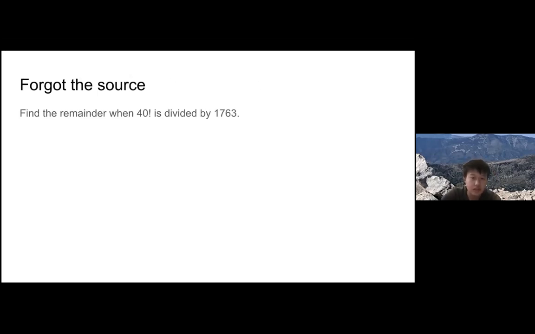here's another question. Find the remainder when 40 factorial is divided by 1763. I'll spare you the trouble and tell you that 1763 is 41 times 43.